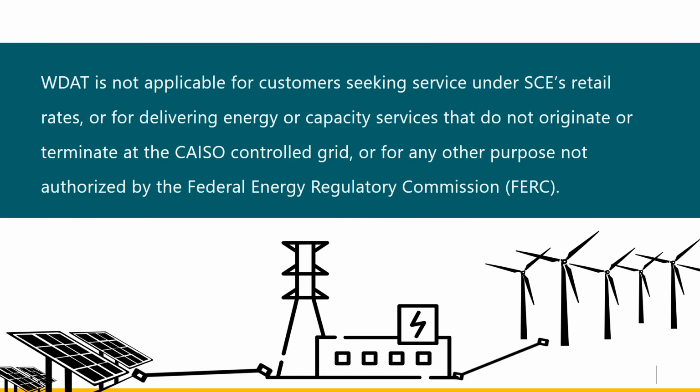It is important to note that WDAT is not applicable for customers seeking service under SCE's retail rates or for delivering energy or capacity services that do not originate or terminate at the Cal-ISO-controlled grid or for any other purpose not authorized by the Federal Energy Regulatory Commission.